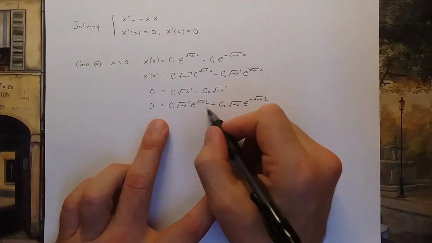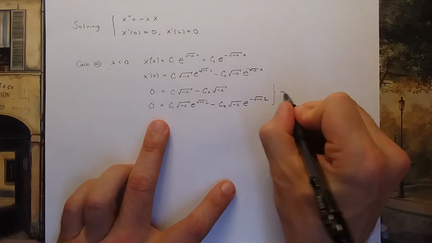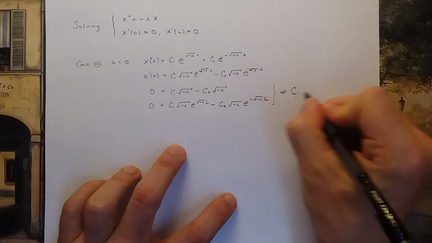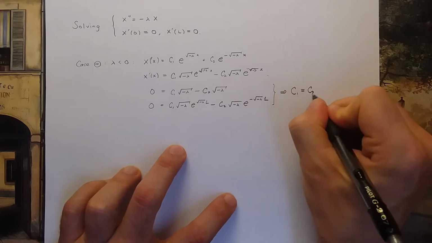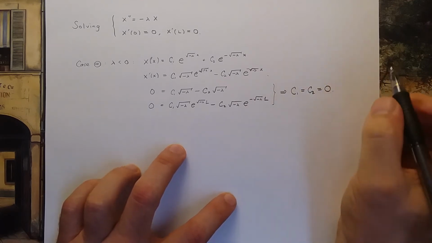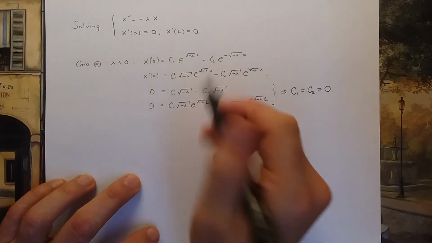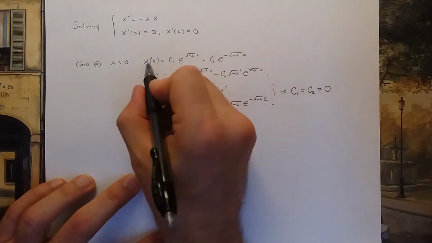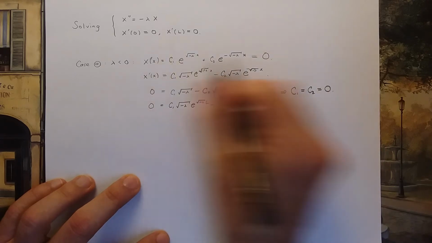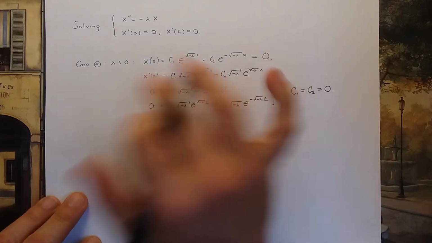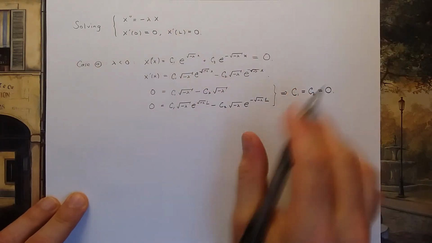I have two equations and two unknowns. So you could solve these two equations and two unknowns, and you will find C1 equals C2 equals 0, the trivial solution, which I'm not interested in. So that gives me this case, just gives me the 0 solution. Boring. I don't like that case.